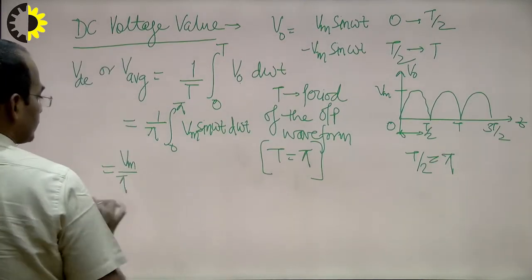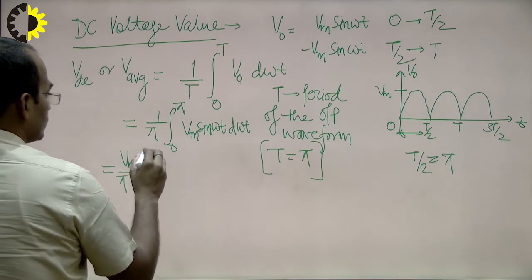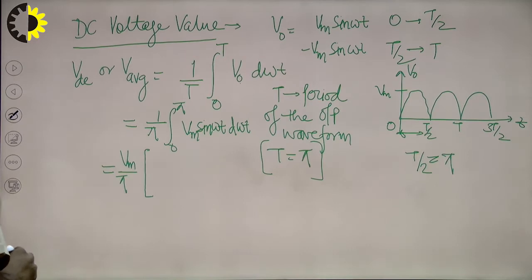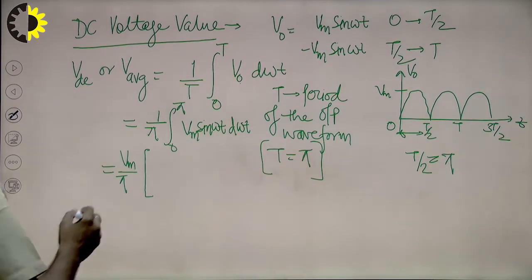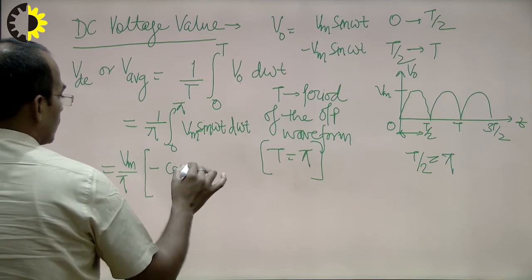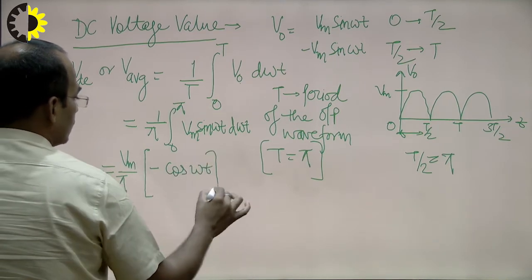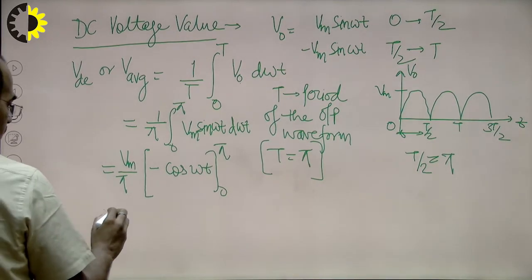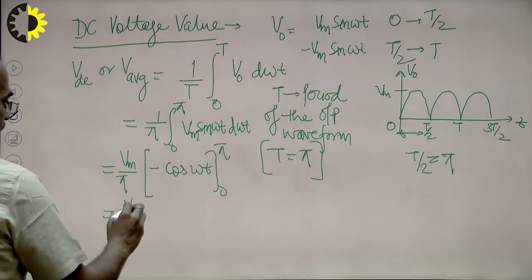Vm by pi. I have to integrate sin omega t with respect to d omega t. So integration of sin omega t is minus cos omega t from 0 to pi.